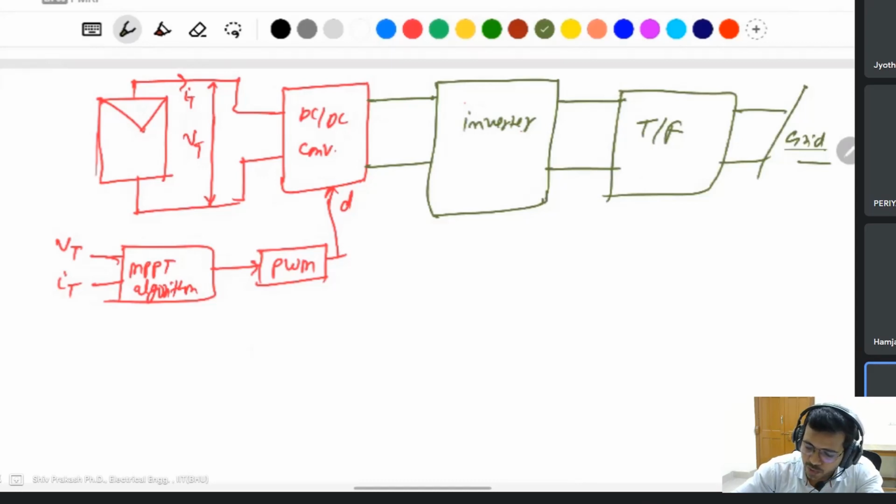To maintain the output voltage here, for the VSC you require a DC voltage. Here a large capacitor is used at the output of the DC converter to maintain the voltage. This is the DC link voltage.